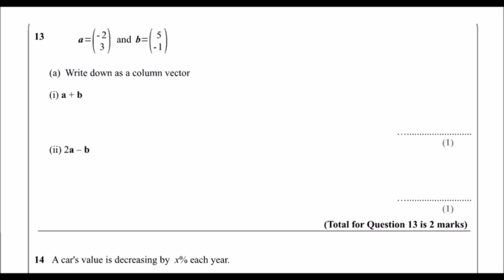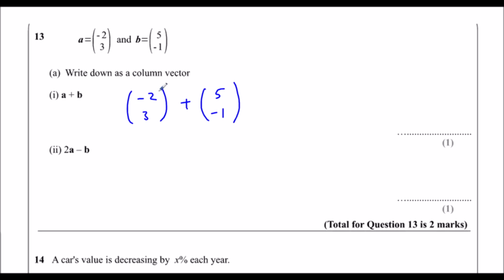Question 13. So we've got A, the vector A is negative 2, 3. So left 2 up 3. B is 5, negative 1. So right 5 and down 1. Write as a column vector, A plus B. So we just add the tops and add the bottoms.